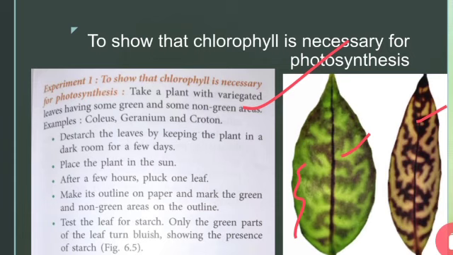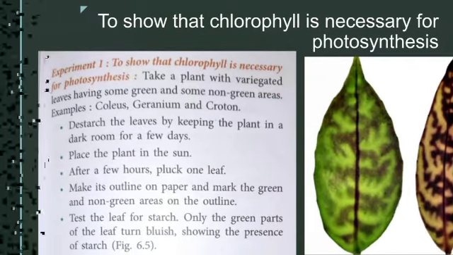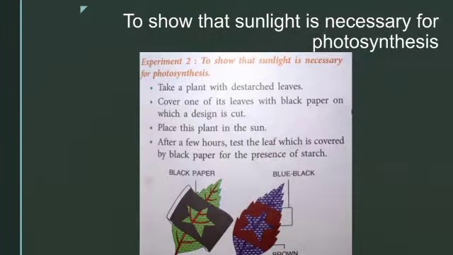Means if we poured iodine on the leaf, the places where green parts were there turned blue black, and the white portion turned brown in color. So this shows that chlorophyll is necessary for photosynthesis. Now in the next experiment, we'll show that sunlight is necessary for photosynthesis.